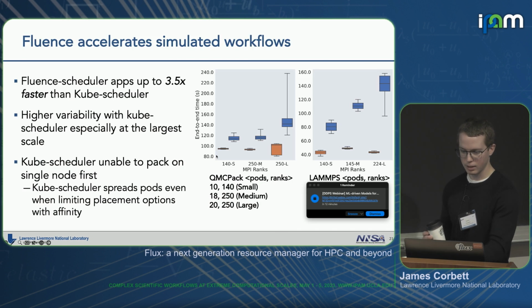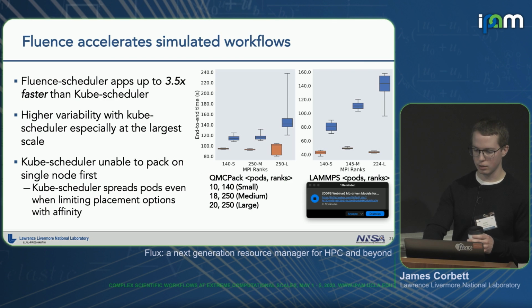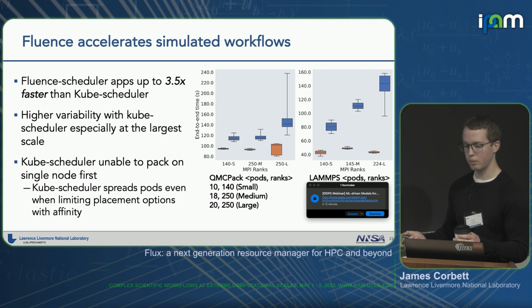But the basic idea is that by replacing the default Kubernetes scheduler with Flux, they managed to get some pretty impressive results. They have gotten workflows to run 3 times faster than the default Kubernetes scheduler with lower variability and deterministic placement. They found it wasn't possible to achieve the same placement with the Kubernetes scheduler, even when specifying affinity or anti-affinity constraints.